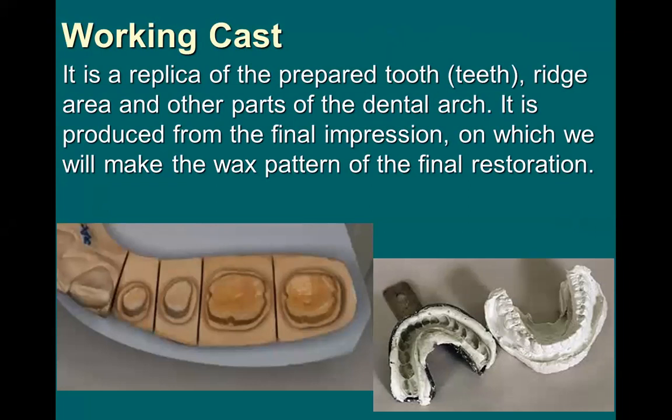The impression is the negative replica or copy of the prepared teeth and the surrounding ridge or surrounding tooth structures or other structures. It is produced from the final impression by pouring gypsum material inside the impression to produce this working cast.